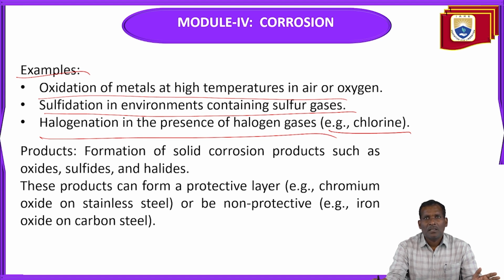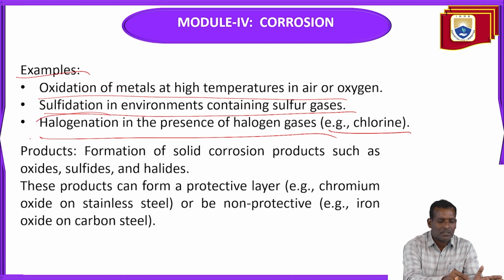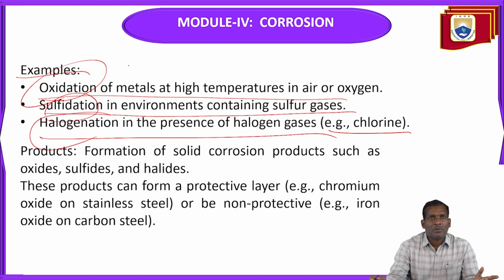Where chlorine gas is present in the environment, halogenation occurs. So the examples of dry corrosion are oxidation, sulfidation and halogenation: the first is when oxygen is present in the air, the second is sulfur present in the gas, and the third is chlorine.